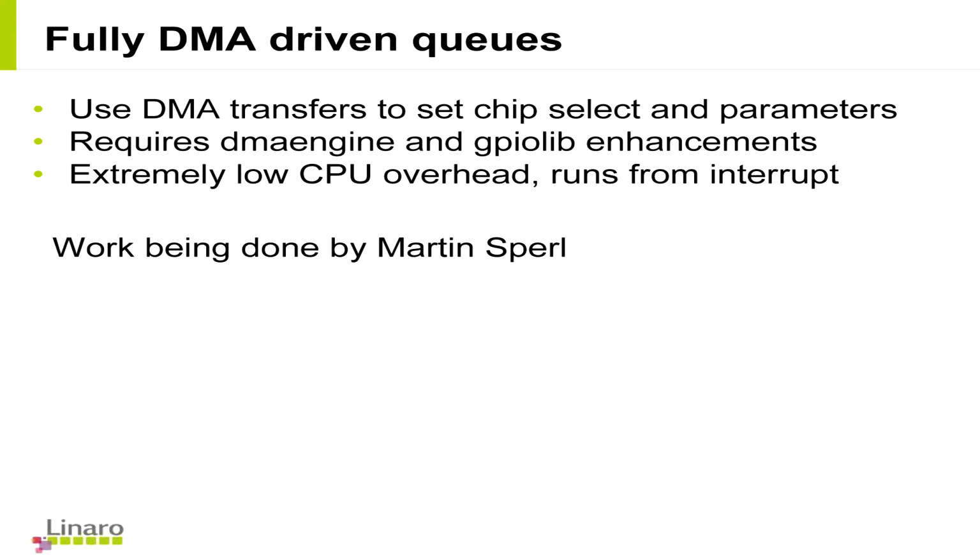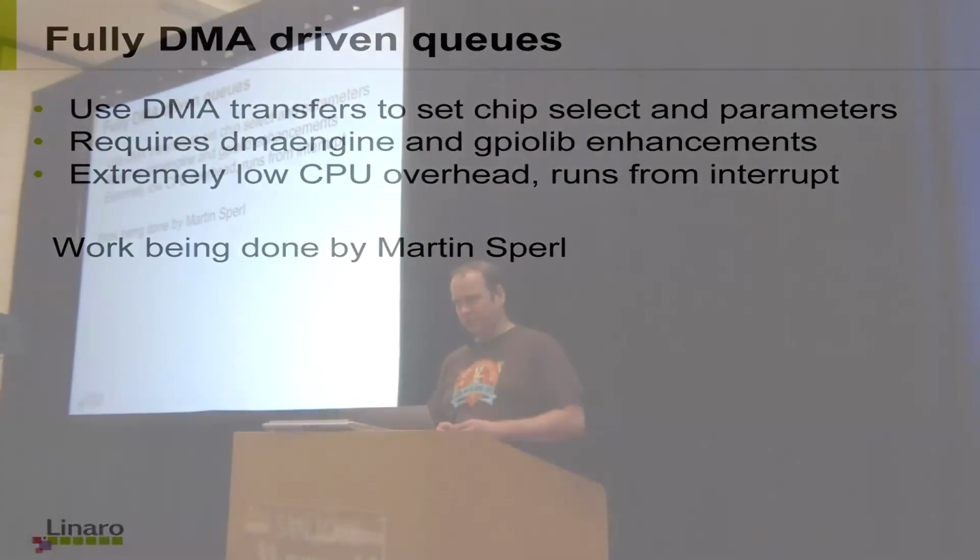The next level of optimization that Martin's come up with is not going to be generally applicable because he's exploiting some quite nice features of the Raspberry Pi SPI and DMA and GPIO controllers. He's realized that he can implement the entire message queue, including manipulating chip select and things like that, in DMA transfers.